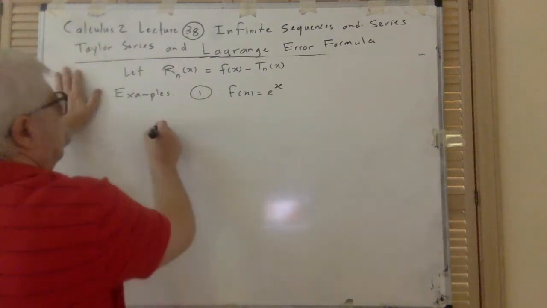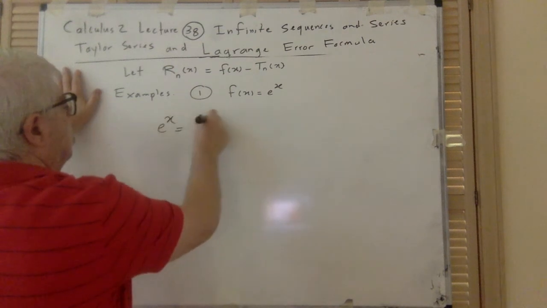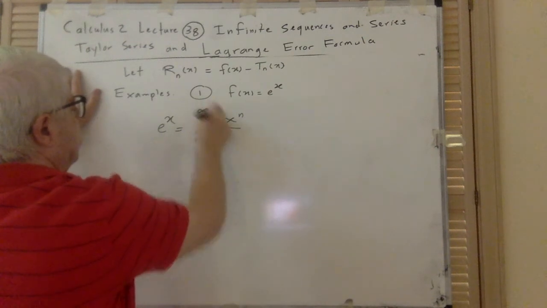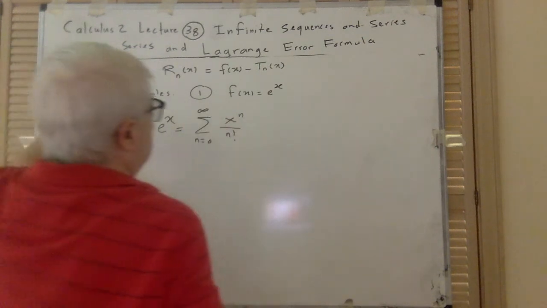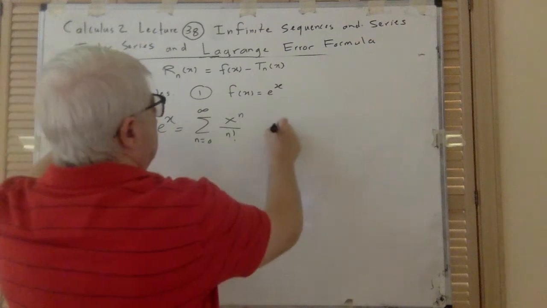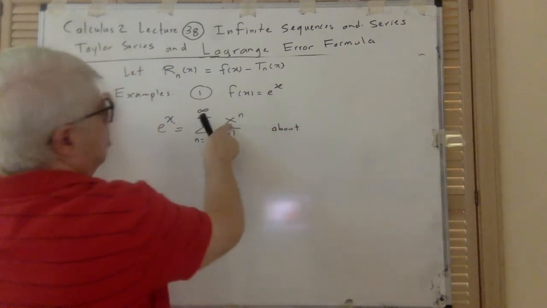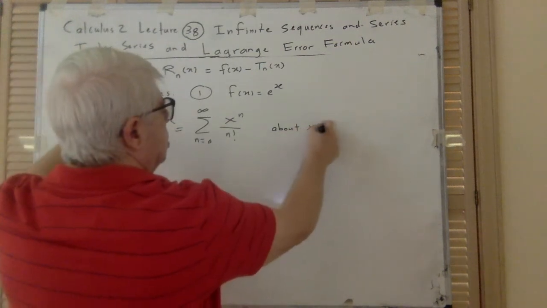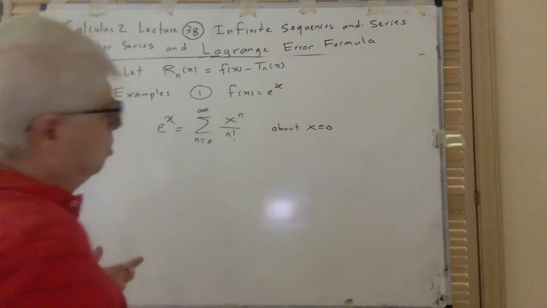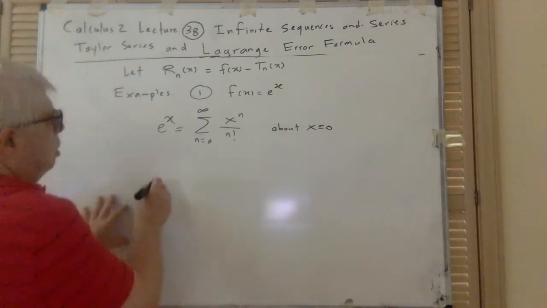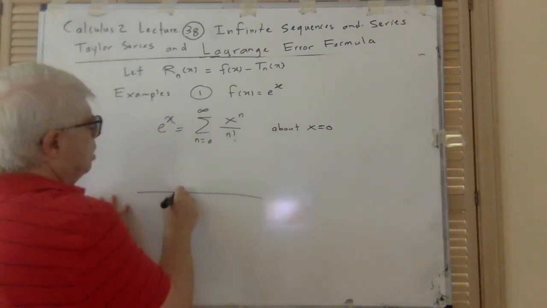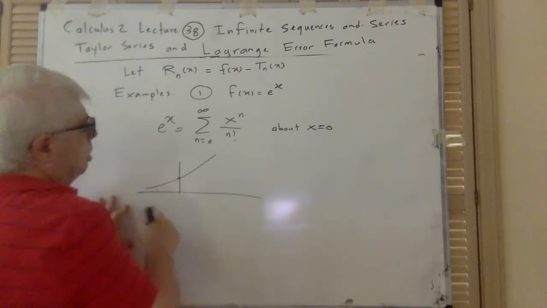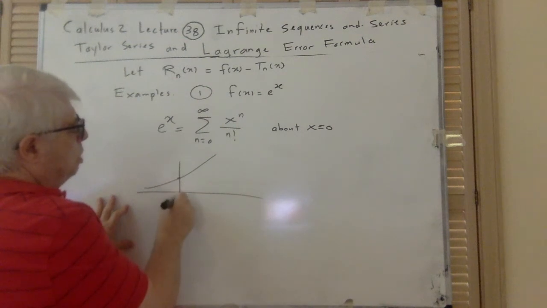Remember that e to the power x was the sum of x to the power n over n factorial, from 0 to infinity, and that comes from here. This is x minus 0, so this is about 0. How far do you want to go? So this is the approximation for e to the power x about 0. e to the power x looks like this, and this is the approximation about 0.